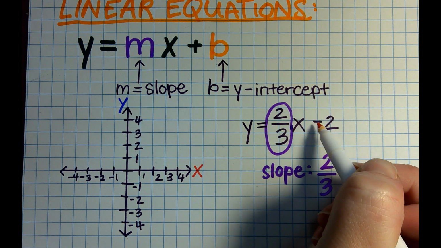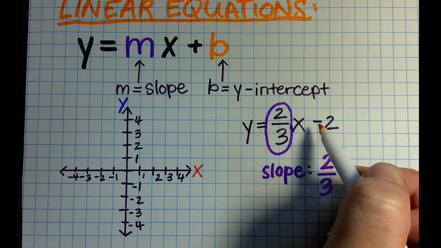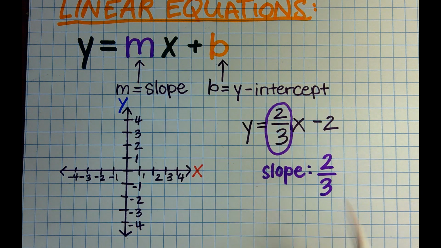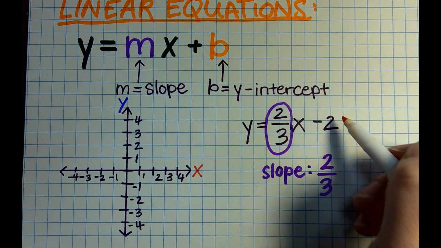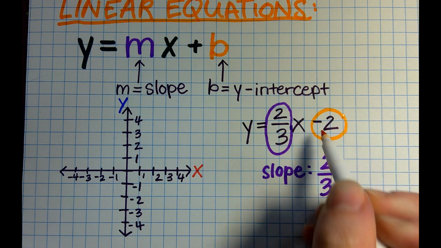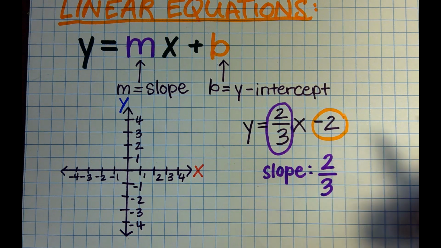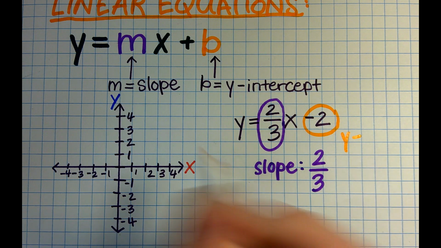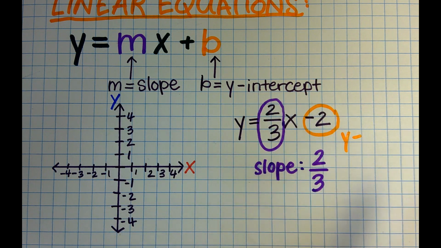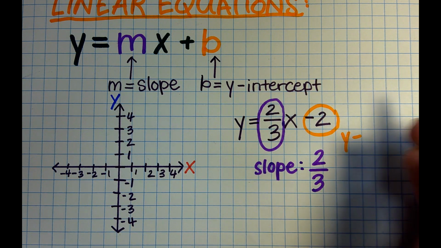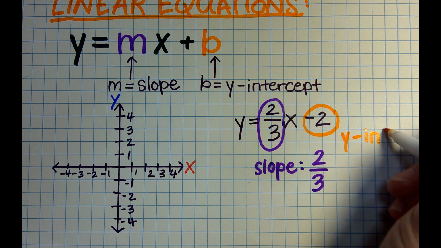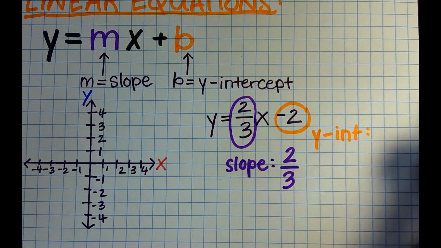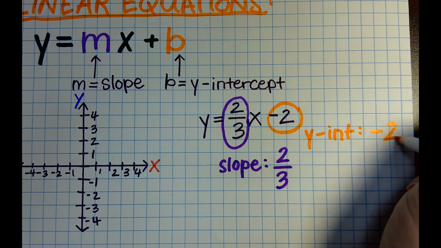Good. I love that you also recognize that since it's -2, it makes it negative. It says plus b in the original problem, so if it's subtraction, that means it's -2. So over here, I'm going to write y-int, which abbreviates y-intercept, since it is a very long word. And that value is -2.